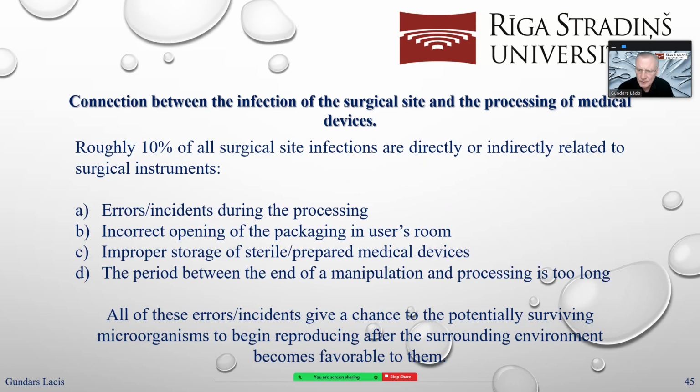Roughly 10% of all surgical site infections are directly or indirectly because of surgical instruments. And of course it can happen because of incidents during reprocessing, and because reprocessing is done by humans. Incorrect opening on the user site can also happen. It's very rare, but it can happen.